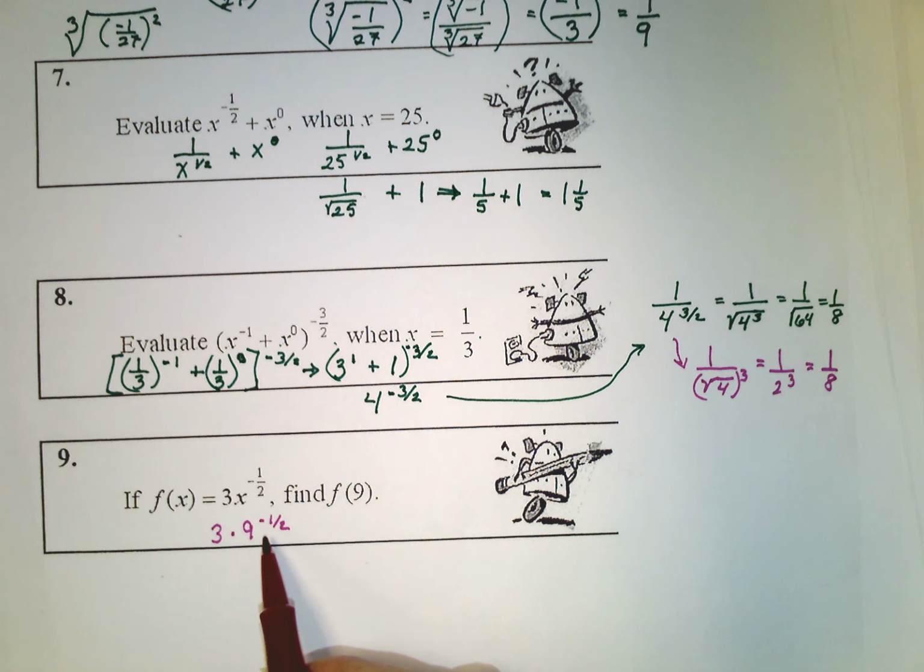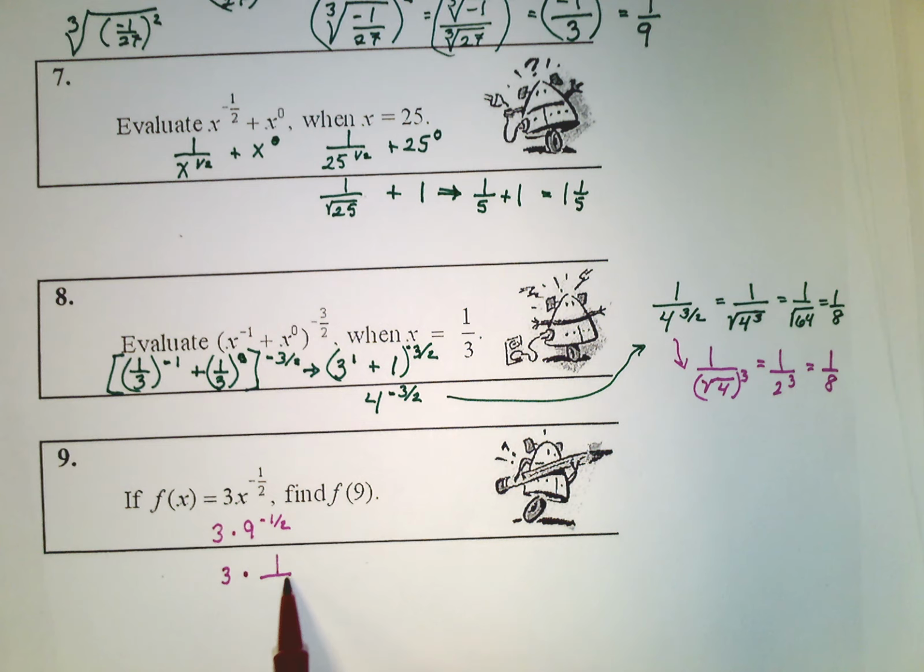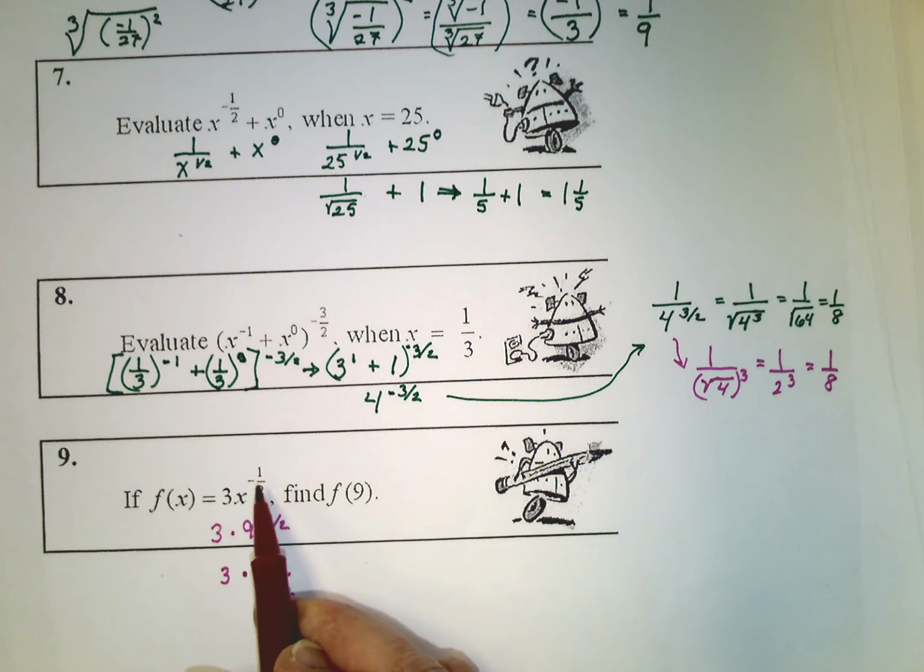Only the 9 is getting raised to the negative 1/2. So we could rethink this as 3 times 1 over 9 to the 1/2 power. That's not the only way we can do this. But the 3 has nothing to do with this exponent here. It's just multiplying whatever this answer is going to be.